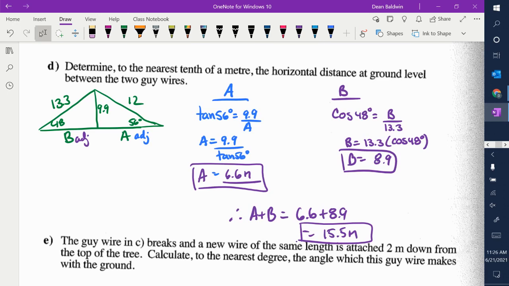Remember, multiple ways to do it. I just did trig on both and then added the answers together. Your final answer should be about the same. It might be slightly different due to rounding, but if you're like 15.6, 15.4, anywhere around there, it's right.